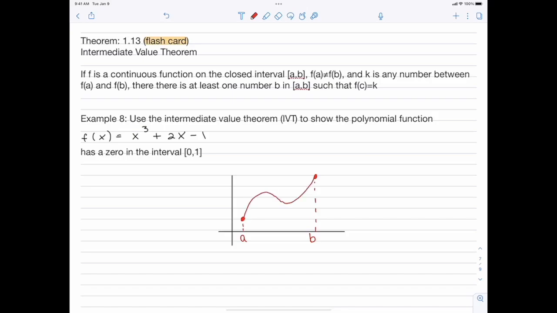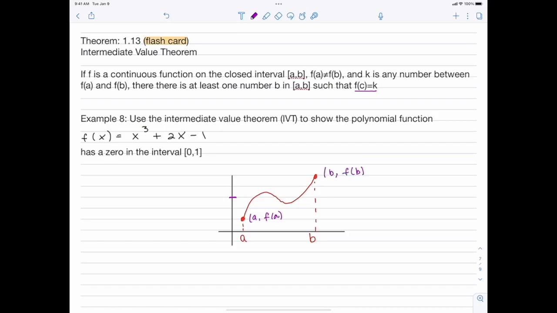Okay, so on this interval we have a continuous function, whatever it looks like. What the intermediate value theorem says is, if there is some k value, some height value, basically some y value, that is between f of a and f of b.